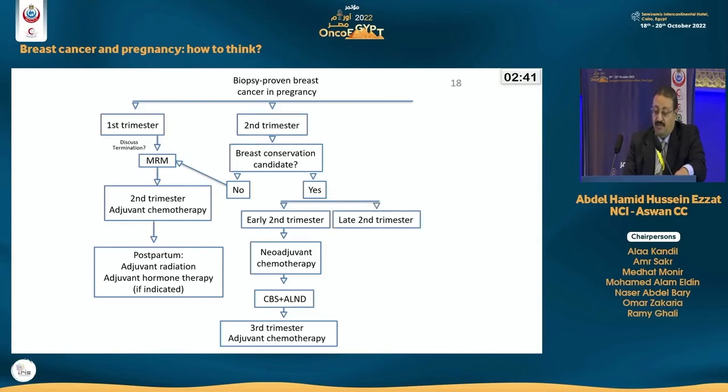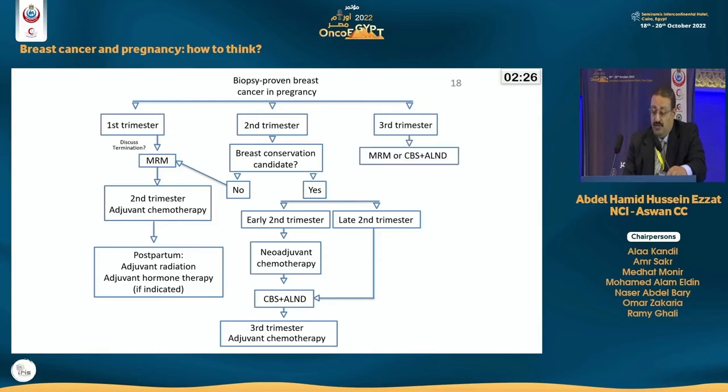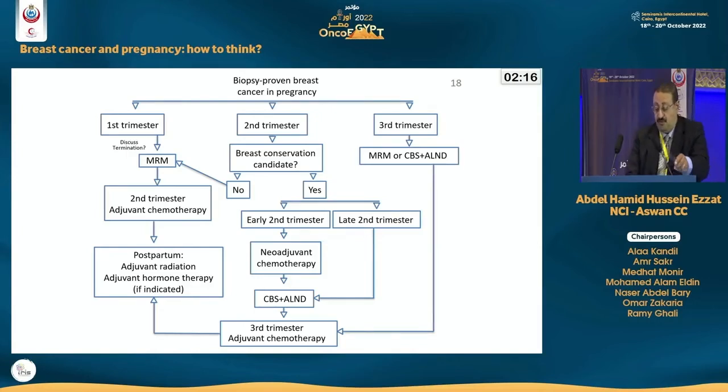If in late second trimester, then we'll proceed with surgery, conservative breast surgery, axillary dissection, then adjuvant chemotherapy in the third trimester. If the patient presents in the third trimester, we offer either modified radical mastectomy or conservative breast surgery with axillary dissection, and then chemotherapy. And of course, postpartum chemotherapy, radiotherapy, and hormonal therapy if indicated.